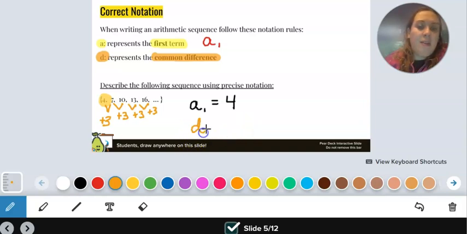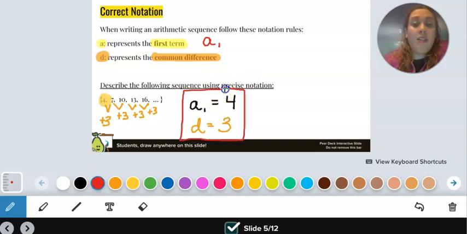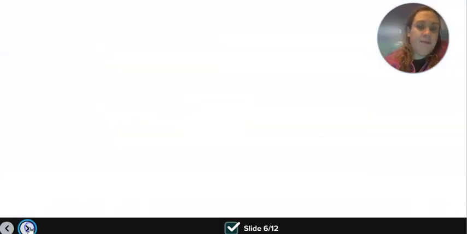So yeah, our common difference, or D, is 3. So we can get this information to tell us a whole sequence, right? To know where we're starting and then what we're increasing by. What is that difference? Push ahead to slide 6.